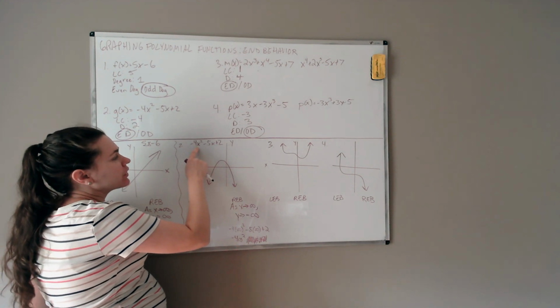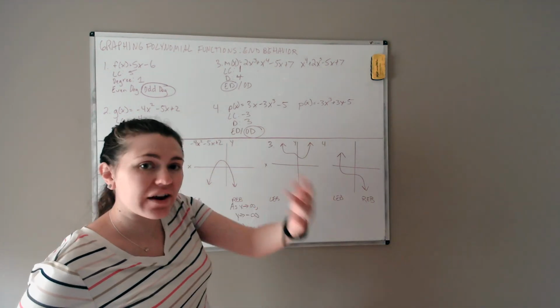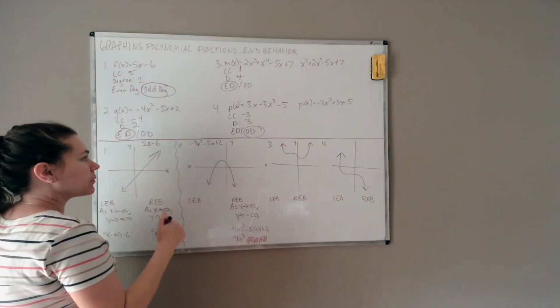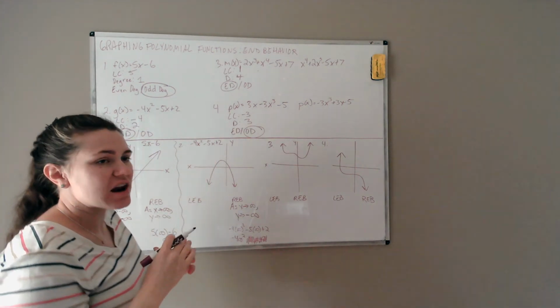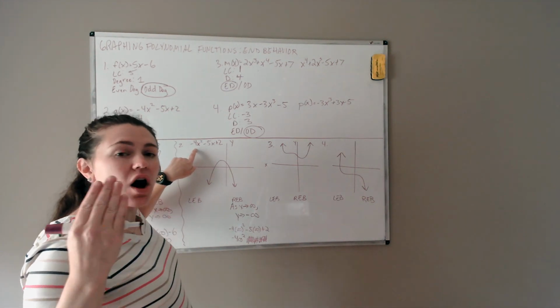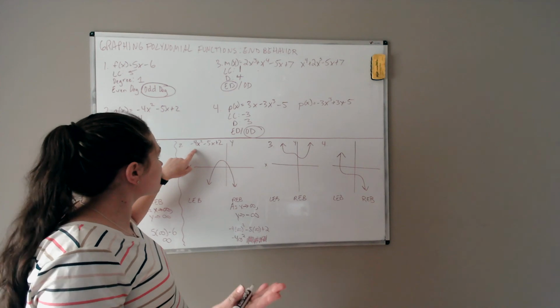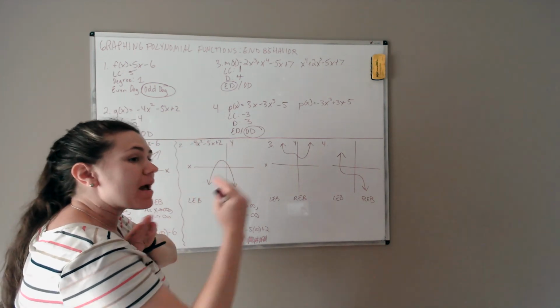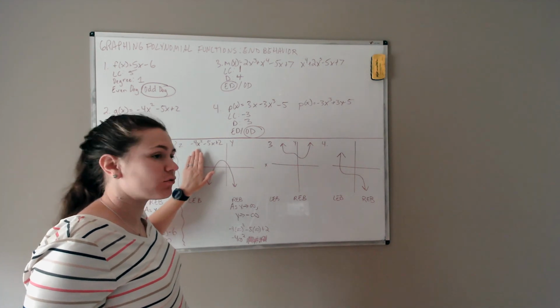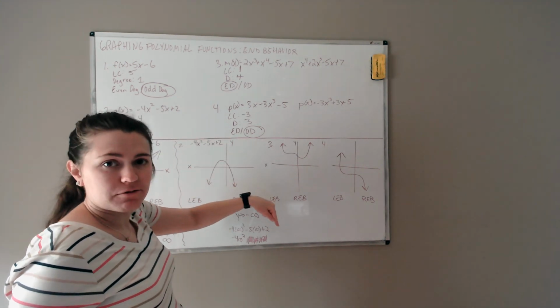So if I take a really large positive number and I square it, and then I multiply it by a negative 4, any number squared will be non-negative. But then I multiply it by negative 4, so now it's 100% sure, as long as it's not 0, but remember, it's a massively large positive number. If I square it and multiply it by negative 4, it has to be negative.